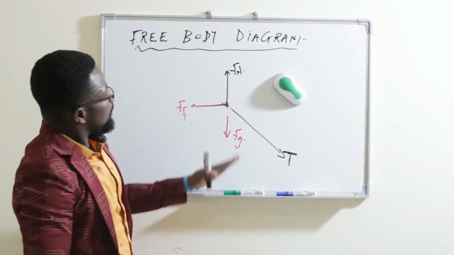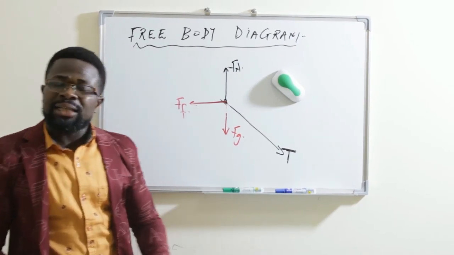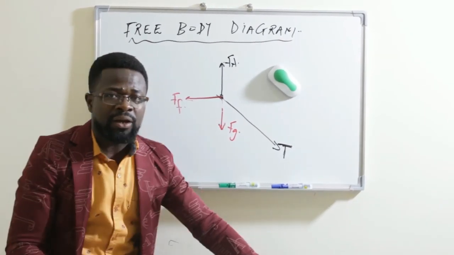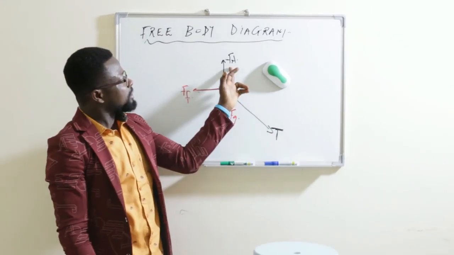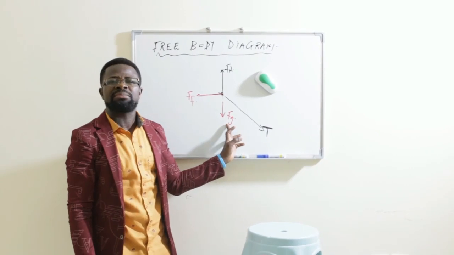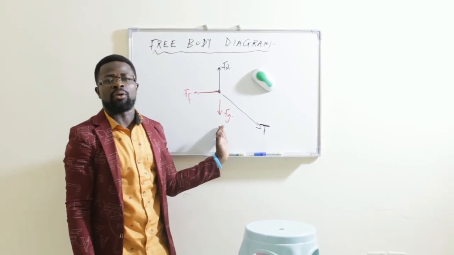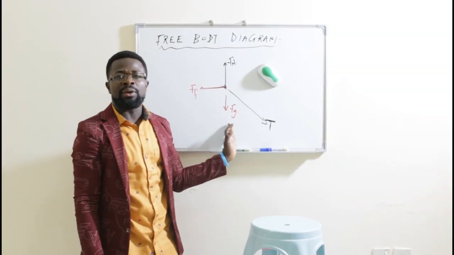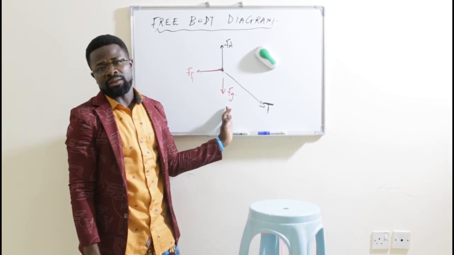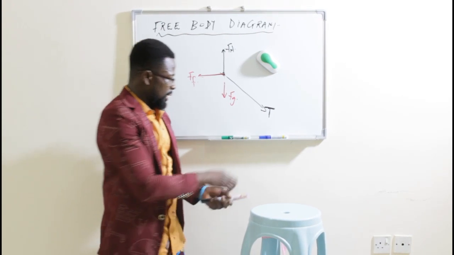Now, what I said to you earlier is that on a plane surface, the normal force is always equal to the weight. Please keep that in mind. It's very important because our next thing that we are going to look at is a situation where we'll be looking at an inclined plane.